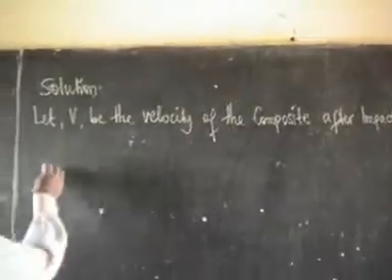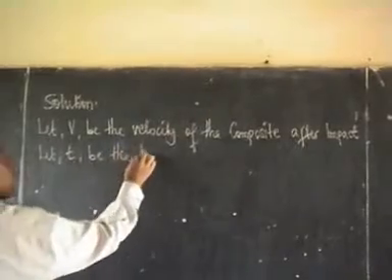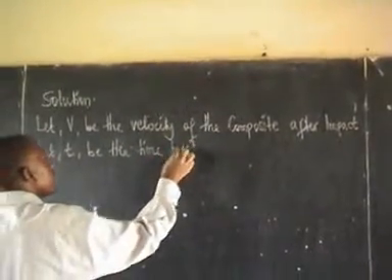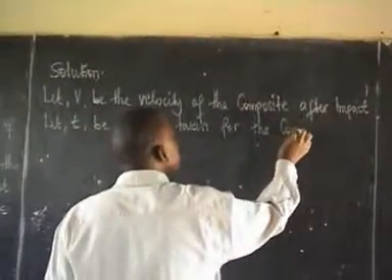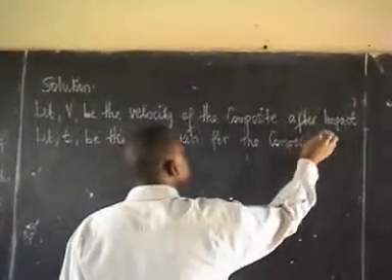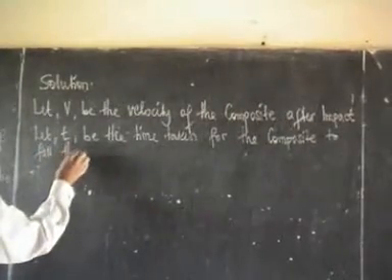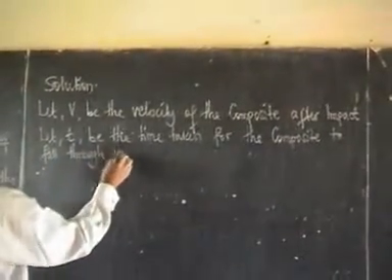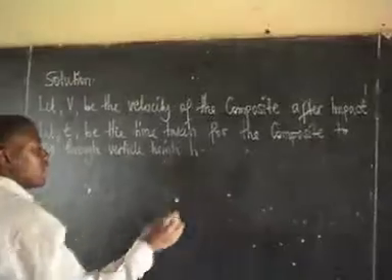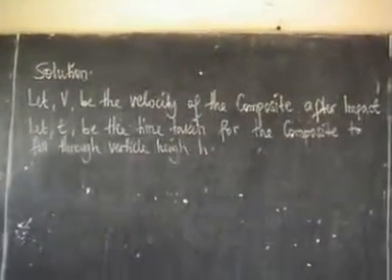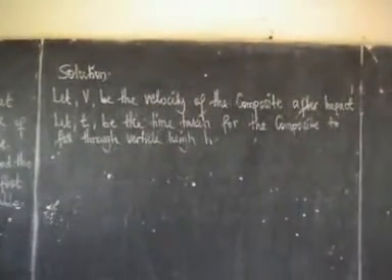So again, let t be the time taken for the composite to fall through vertical height h.